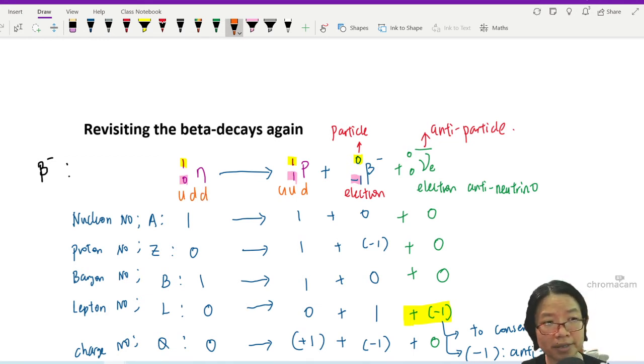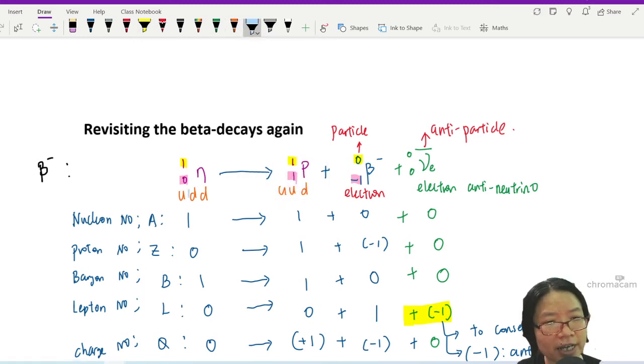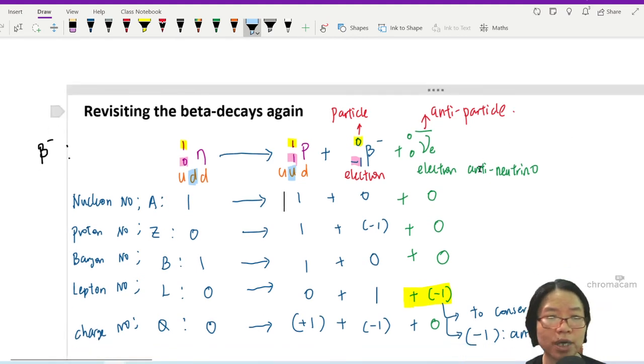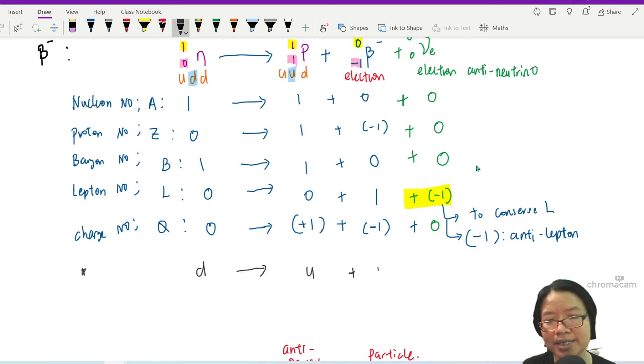So for beta minus, we will have the down quark transforming into an up quark. I will write a note. This one, a down quark becoming an up quark plus beta minus plus electron anti-neutrino.